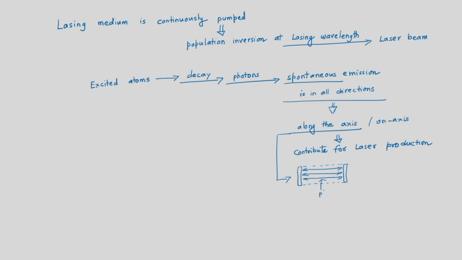So, these photons are interacting with other atoms and then they are generating more number of photons. In this way the spontaneous emission will get reduced and slowly the stimulated emission will get enhanced.